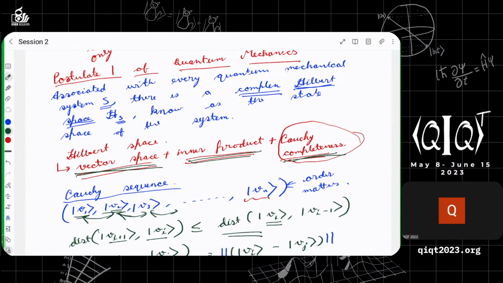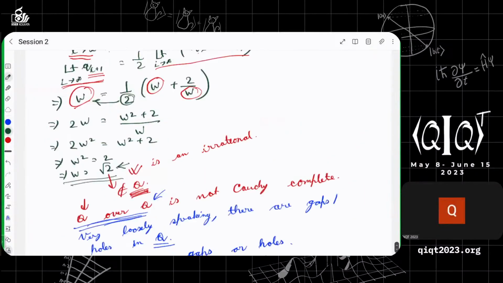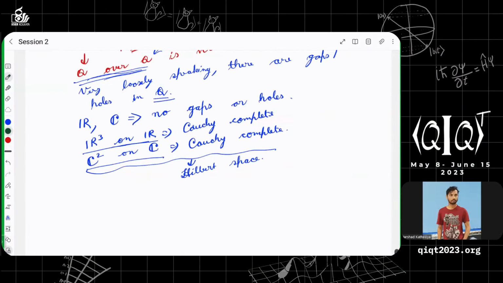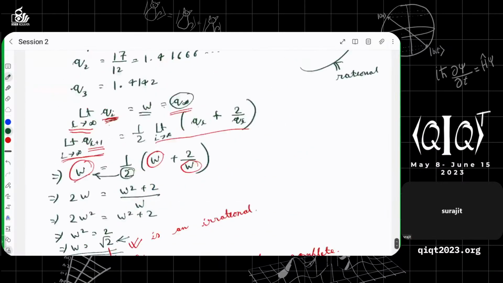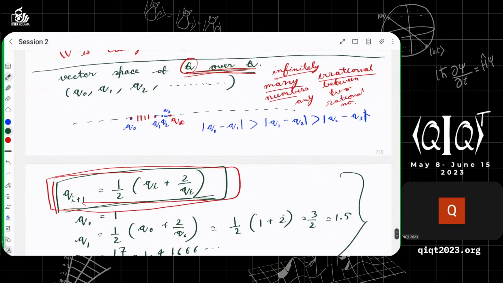Okay, so any other questions? No, thank you. Hello, I have a small doubt. You previously said that there should be no holes. So what do holes represent? Holes are, in some sense, a discontinuity in the space. For example, in the vector space of rational numbers, there are some irrational numbers missing in between, right?